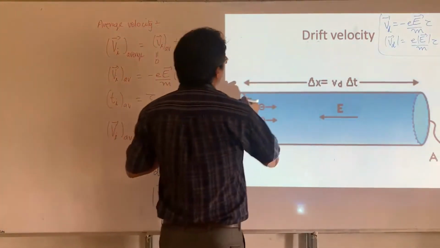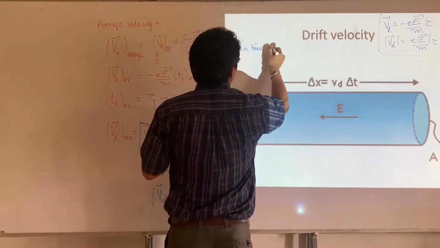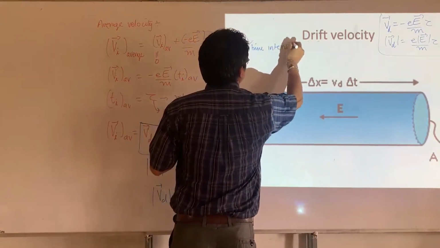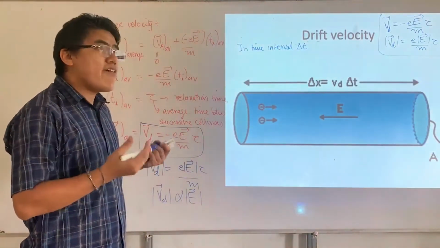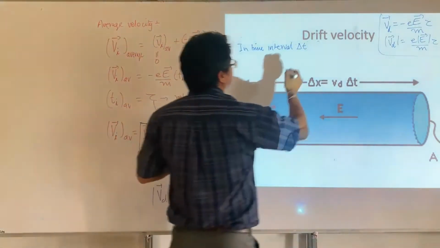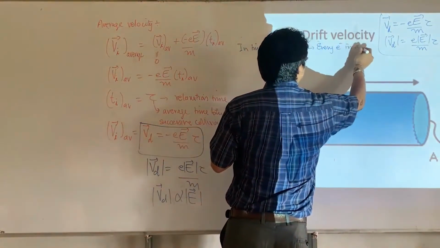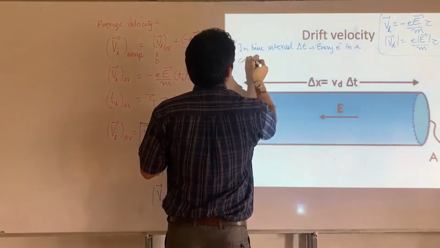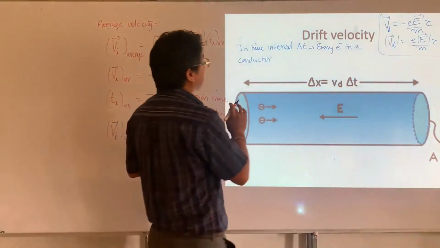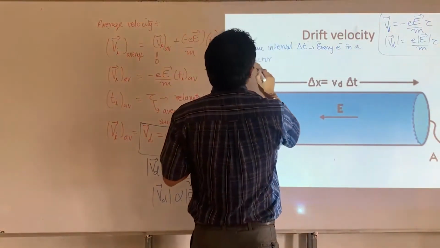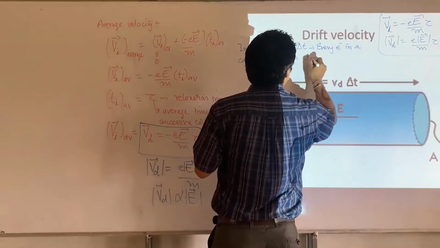Now I say that in a time interval delta t, every electron in a conductor moves a distance.